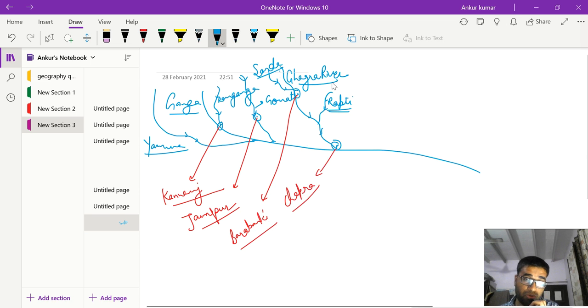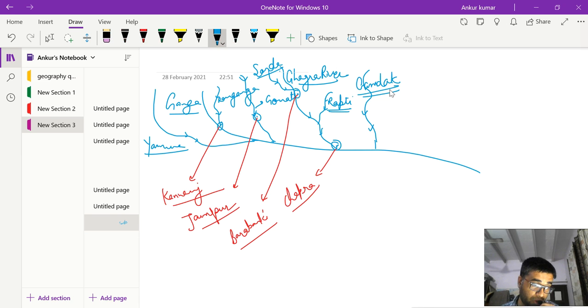Moving on to the next tributary, that is the Gandak. This is Gandak here. Okay, this is Gandak River, and from the south also meets here the Son River.